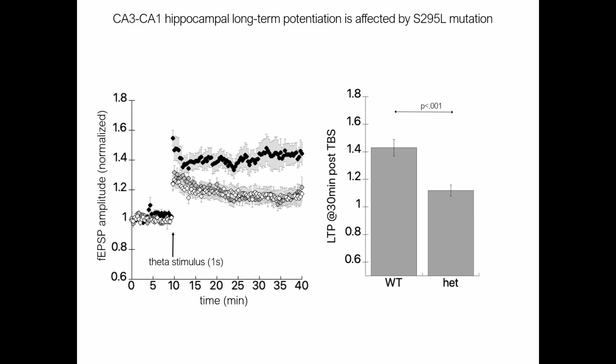And then we give a theta stimulus, which is a brief period of extra stimulation to the presynaptic neurons. And then there's a long-lasting increase in the response of the postsynaptic cells. And you can see that in the wild-type animals, there's a persistent increase in this activity that basically reflects a form of cellular learning and memory, and that's impaired somewhat in both the heterozygous and homozygous loss of function mutants.